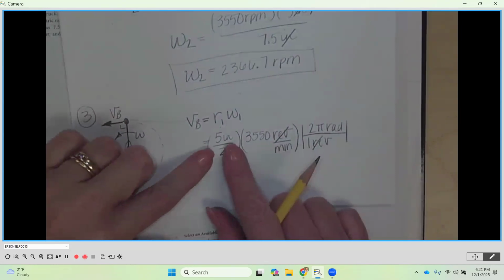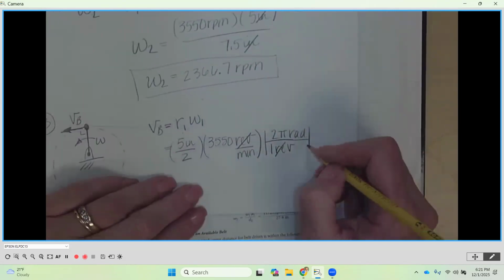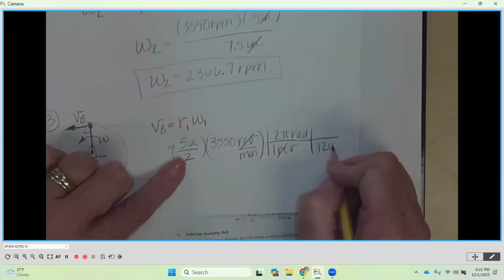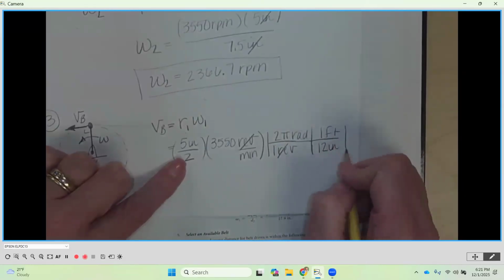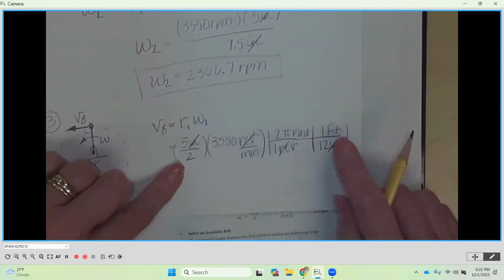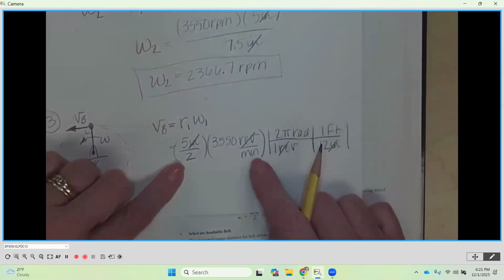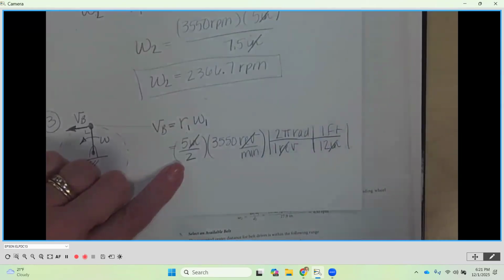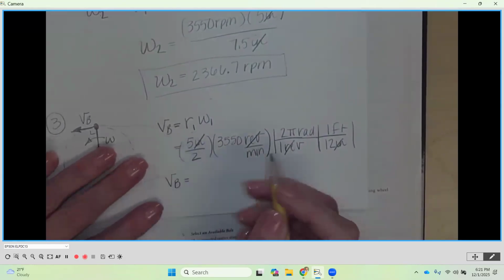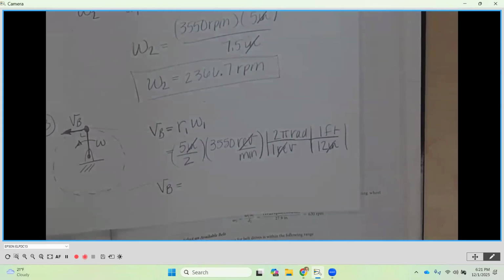Feet per minute. So if inches are on top here, I'm going to do one more conversion. I'm going to put 12 inches on the bottom and 1 foot on the top. So now all in one equation, multiply across the top, divide by the bottom, I have feet per minute. Radians magically disappear, right? Okay. So tell me what your belt speed is once you get it.